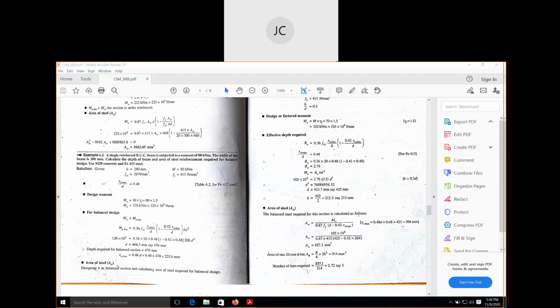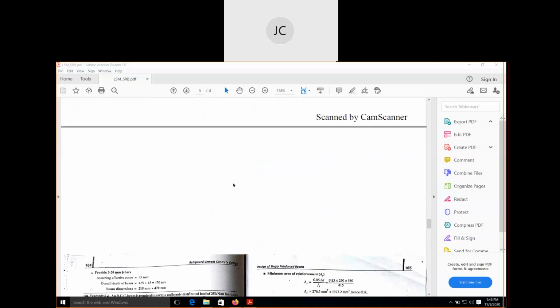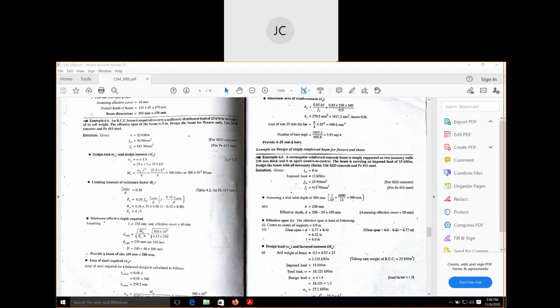Let us move to the next one. See example 6.4.